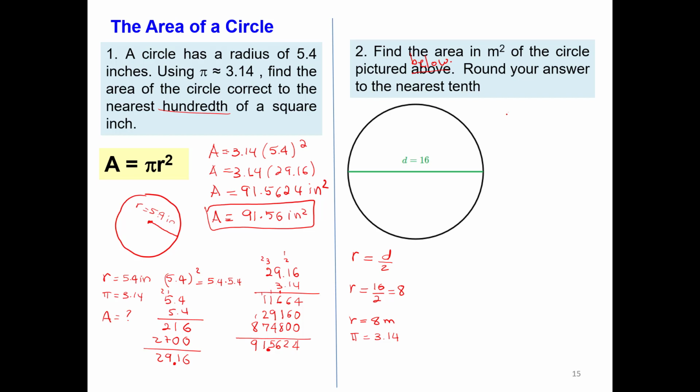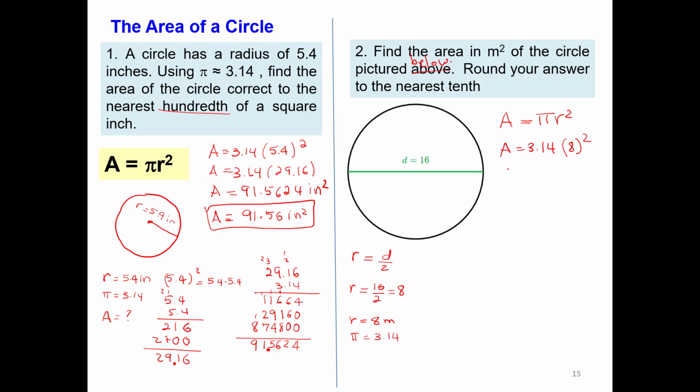And the area equals pi r squared. Let me write that. Area equals 3.14 times 8 squared.